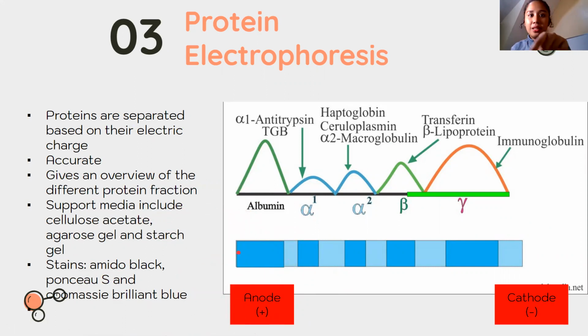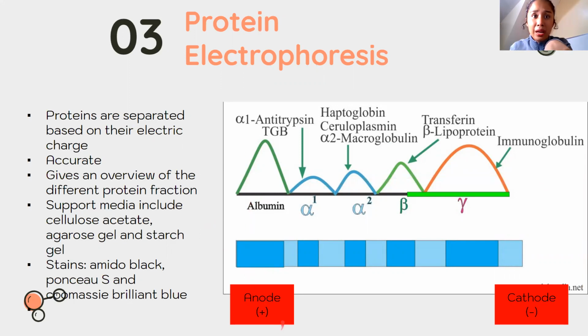Yung positive side. Di ba, opposites attract. So yung mga negative charge pupunta usually sa anode. So, ang galing ng protein electrophoresis, class. It's giving an overview of the different plasma protein fractions based on electric charge. Naghihiwalay-hiwalay yung mga protein fractions.